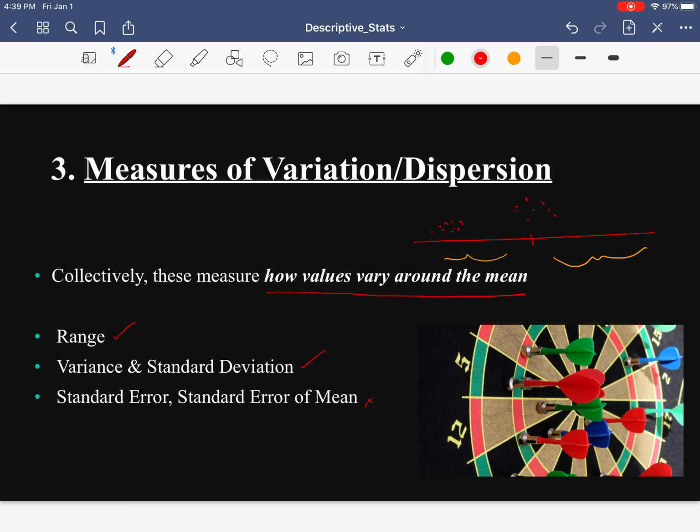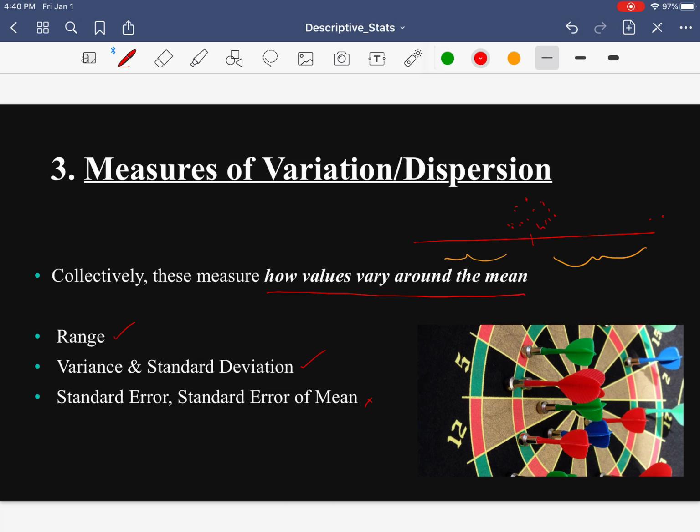So this gives us more information. How do all of our values, all of our numbers from the sample, vary around the mean? Maybe they vary a lot, and there's some up here and some down here. Maybe they don't vary much at all, and they're all clustered around the average or the mean.